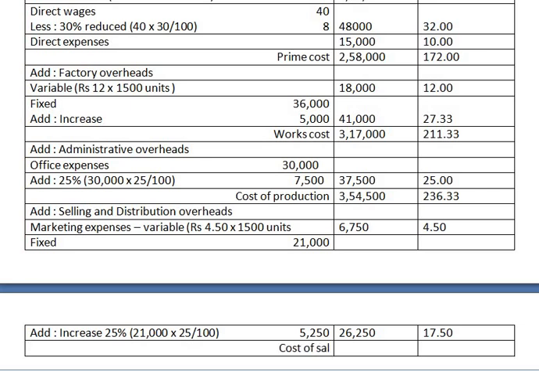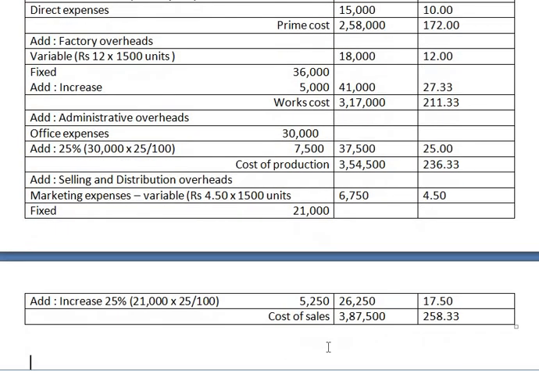The cost of sales is 3,87,500, and this is 258.33.